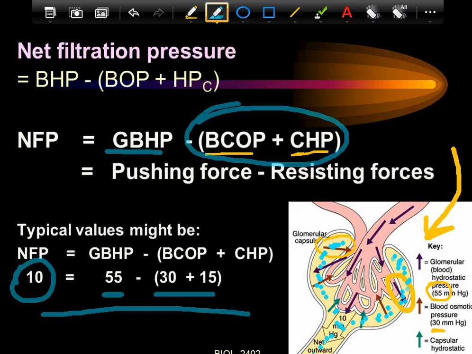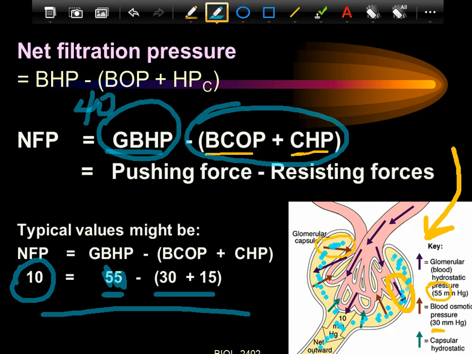Now, you can see that there are things that could mess this up easily. If the glomerular hydrostatic pressure drops, let's say from 55, let's say you have extremely low blood pressure, and that would cause a drop in your glomerular hydrostatic pressure, and let's say it drops to 40, okay?